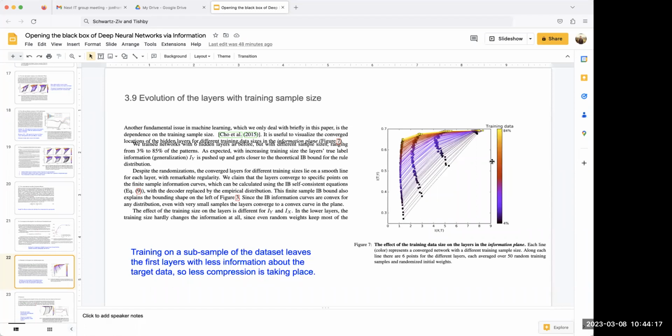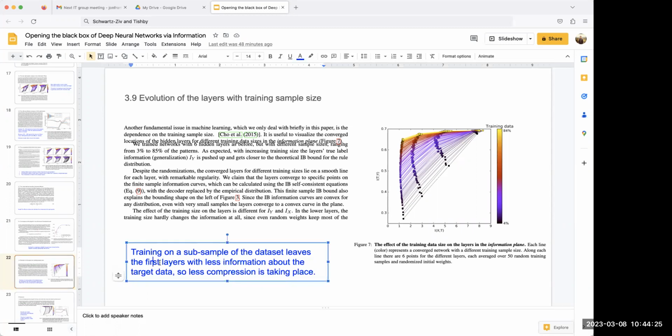That shows that the more training data you have, the better.